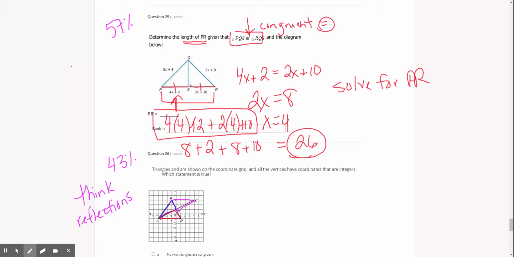It should be 36. Oh, I did something crazy because I feel like this is actually 28. Oh, because 4 times 4 is not 8, it's 16. Hello. And that is definitely going to be 36.